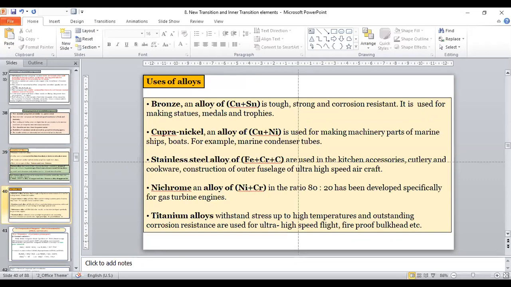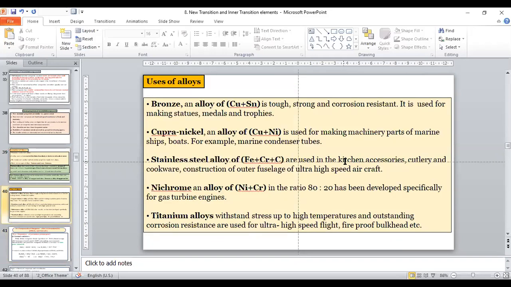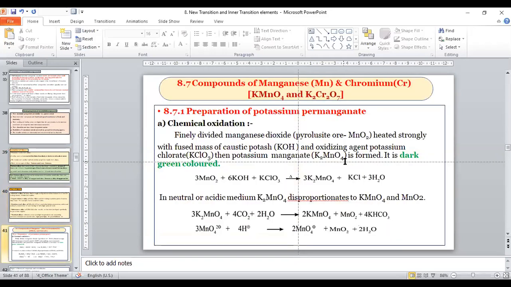So this part of the d block elements is a non-evaluative part, remember. Which one? 8.7. Remember, this 8.7 is non-evaluative for the board examination only, but for the CET and JEE purpose, and for the NEET purpose, questions will be asked on this part.